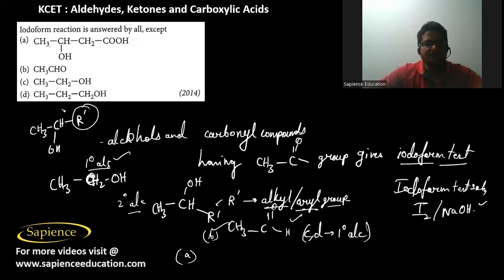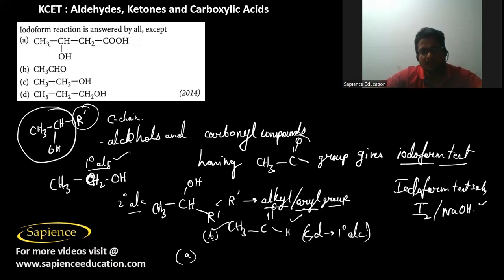So at the end of the carbon chain it should have either a CH3CHOH group or a CH3CO group, then only it will give the iodoform test. In option A it has CH3CHOH at the end, so it will give the iodoform test.